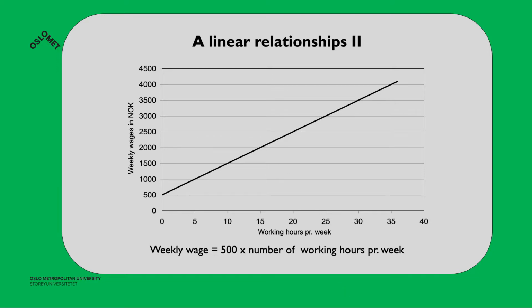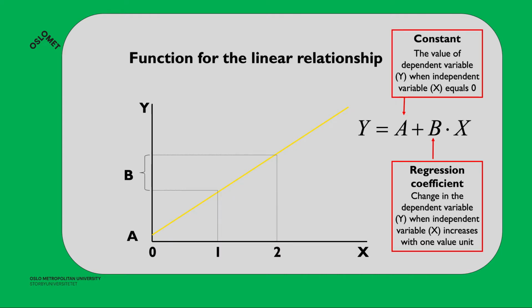And this function between a dependent and independent variable can be expressed in this kind of equation, where y is the dependent variable and a is the constant, and that's the value on the dependent variable y when the independent variable x equals 0.